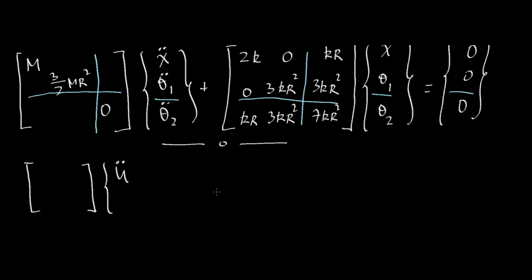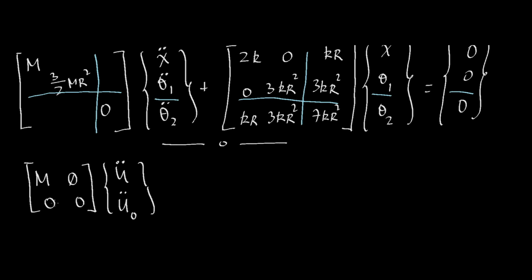I will call it simply u. In our system, this vector u will be x and θ1. And a second set of coordinates, I will call it u sub 0, are all of those coordinates with no mass associated to it. So in general, we can write this system as follows.